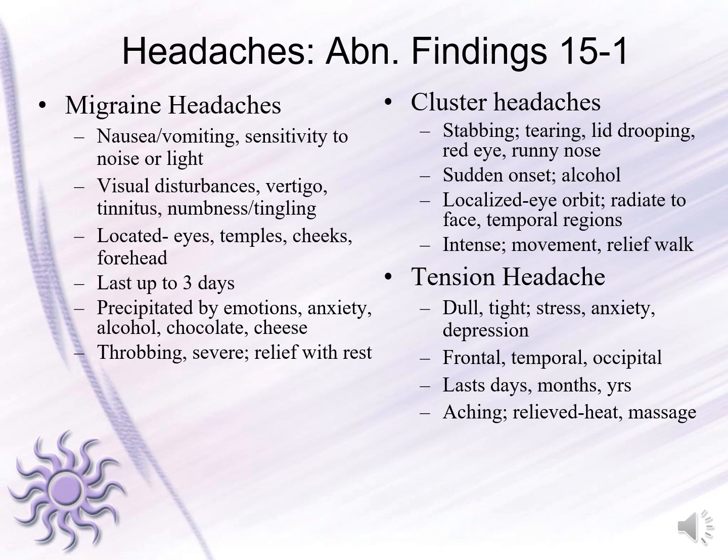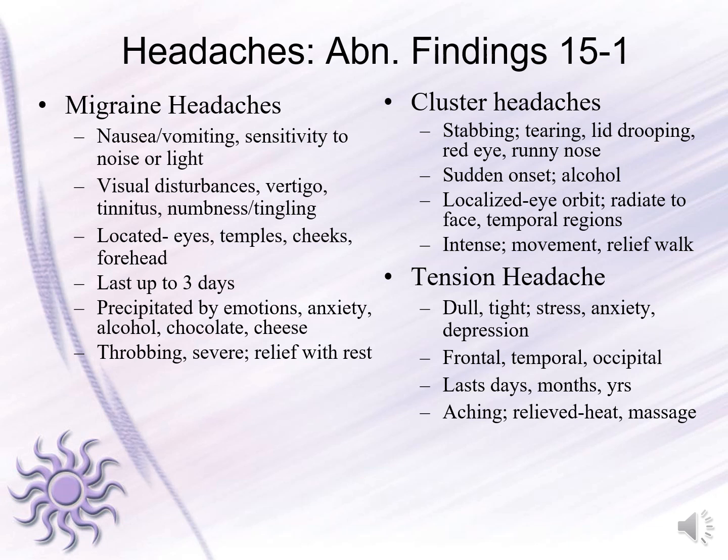They can be precipitated by emotions or severe stress, but that visual disturbance, the nausea is very, very common. Now, cluster headaches, more of that stabbing, tearing, pressure. We see that sometimes with alcohol or hangovers.